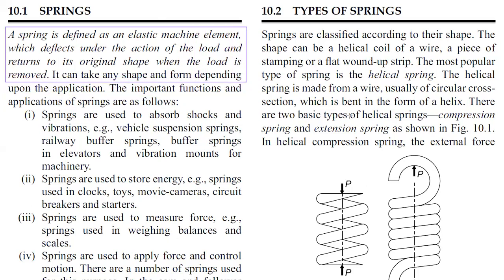This is the basic definition: a spring is defined as an elastic machine element which deflects under the action of load and returns to its original shape when the load is removed. This is a simple definition.